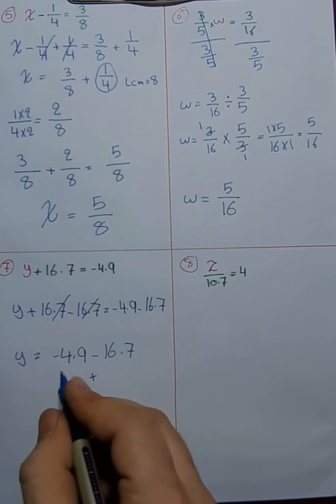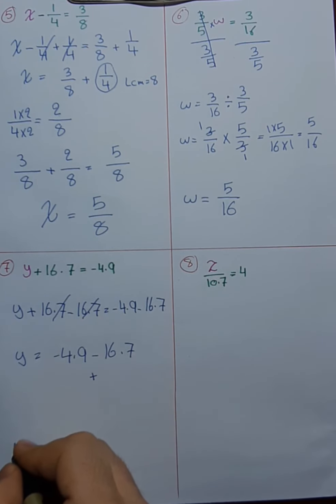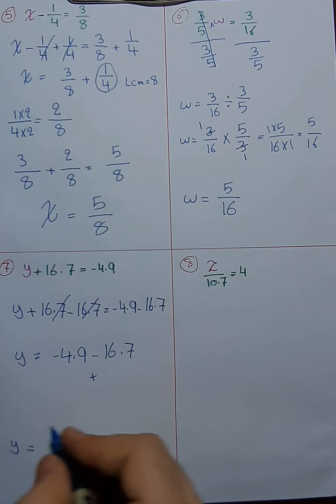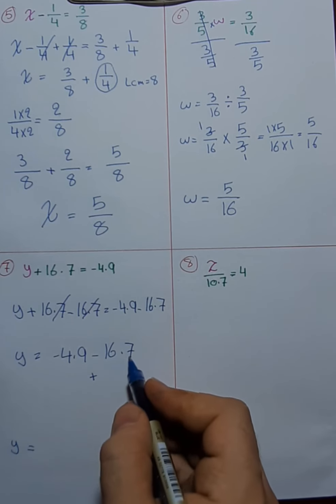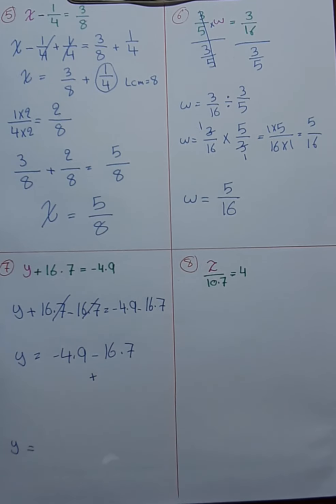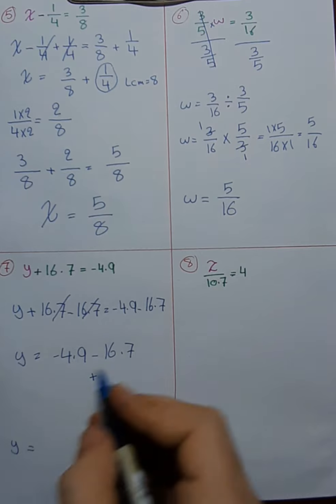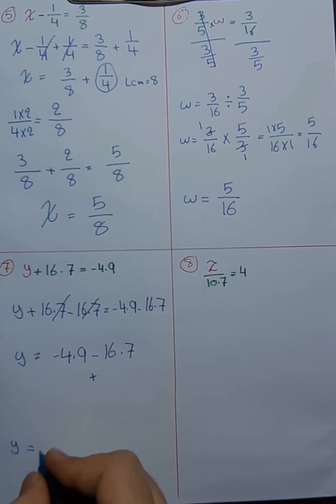So we have to add these two numbers, but we have to write the sign of the larger number in the difference. 4.9 and 16.7. 16.7 is greater than 4.9. So 16.7 is negative.